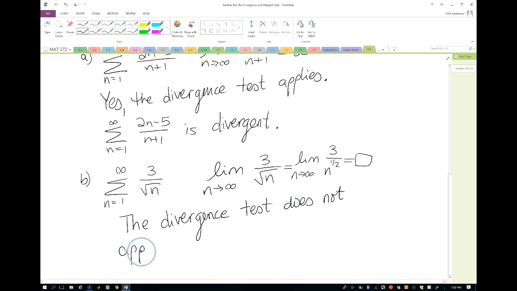And we cannot definitively say whether this series will converge or diverge.